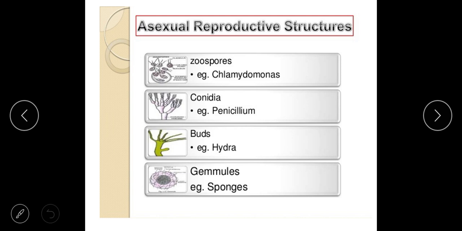These spores are of two types: zoospores and aplanospores. Zoospores are motile structures found in aquatic organisms, whereas aplanospores, such as conidia, are non-motile and generally seen in fungi.